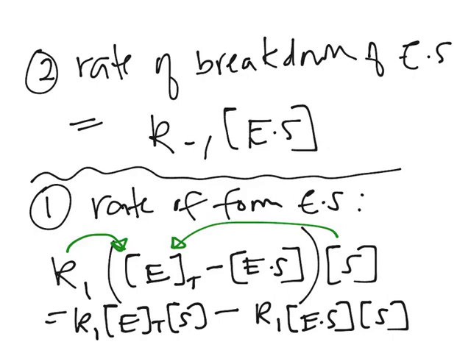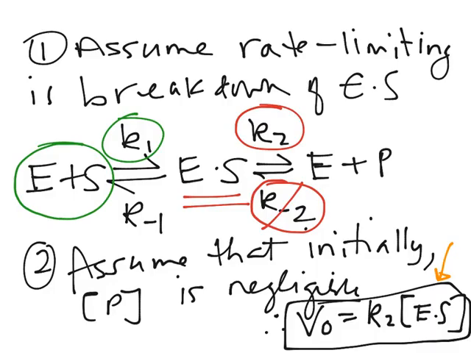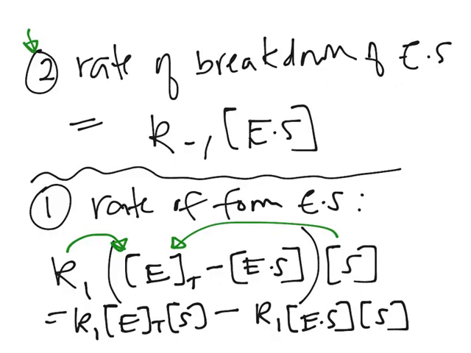Oh, oops, we've got to go back. I didn't finish equation number 2. So if we come back here to the rate of breakdown of the enzyme substrate complex, we have it breaking down in the backwards direction, but we also have it breaking down in the forward direction. So we've got to come back and add that.